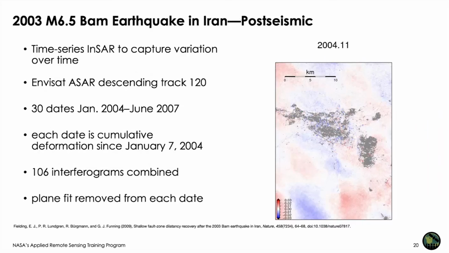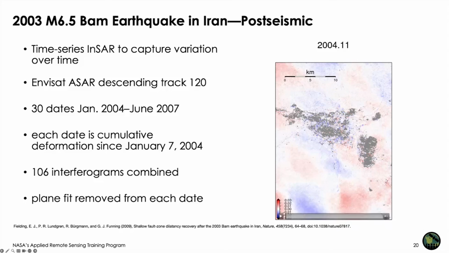Then there's what we call postseismic deformation. This is an example from the 2003 magnitude 6.5 earthquake near the city of Bam in Iran. I processed a set of Envisat SAR images between January 2004 and June 2007, so about 3.5 years.